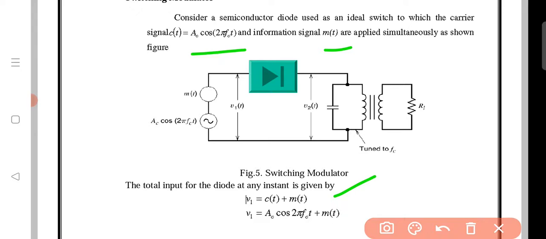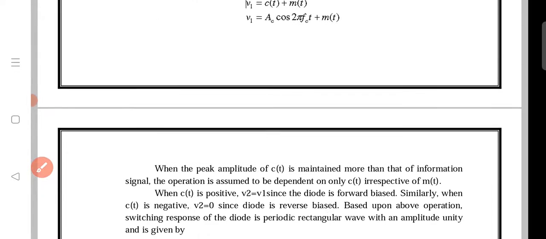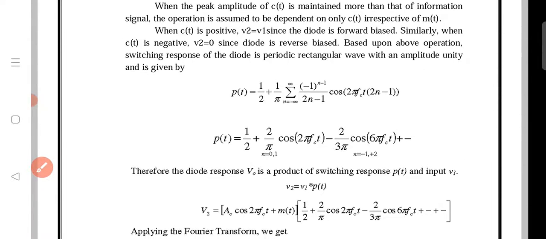The input is denoted by v1, and that is c(t) plus m(t). So v1 equals Ac cos 2 pi fct, that is Ac cos omega ct, plus m(t).